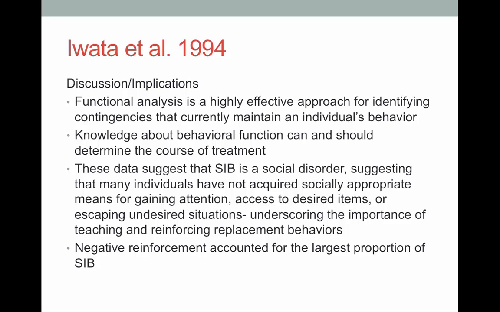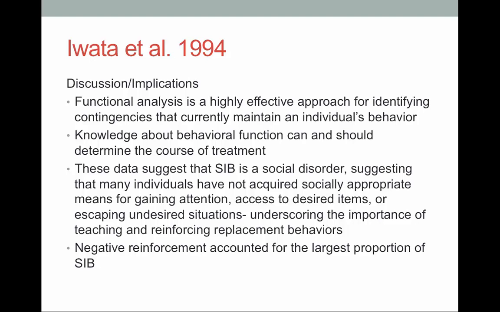I would argue, and I don't think this is a novel argument, that the only reason that you and I are not self-injurious or physically aggressive is because we do have a lot of ways of getting what we want most of the time. And avoiding or escaping things that we don't want most of the time.